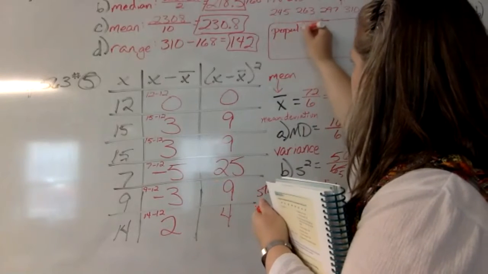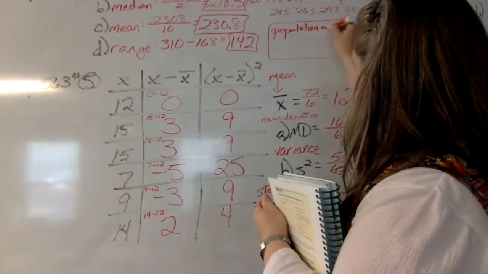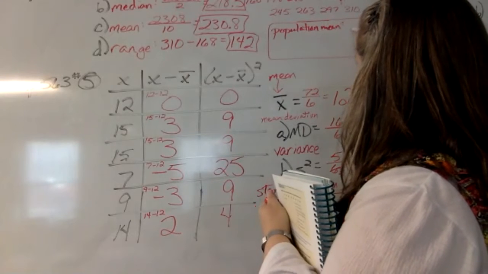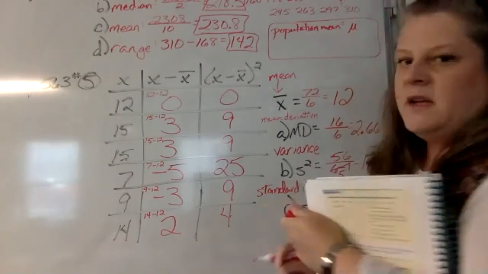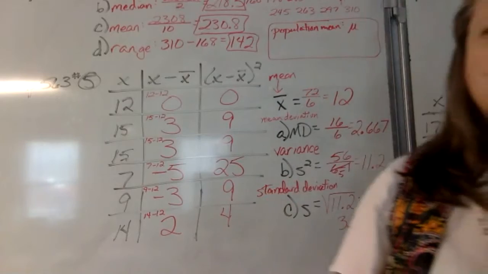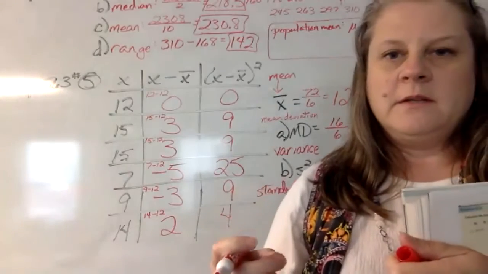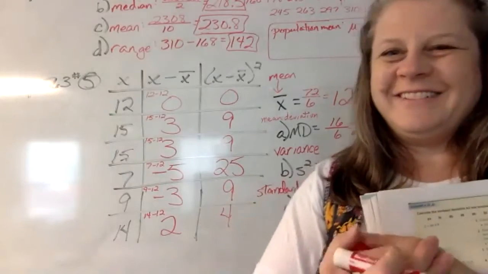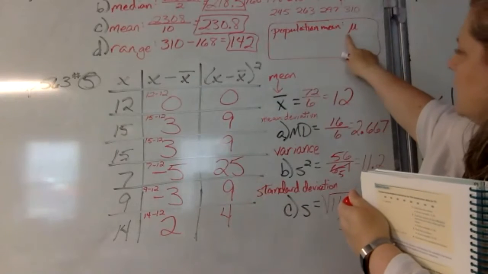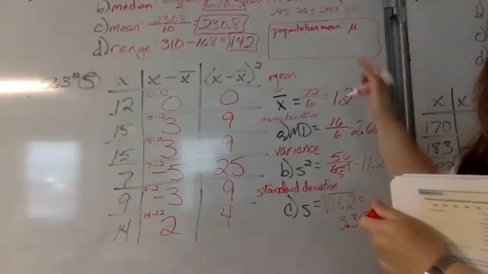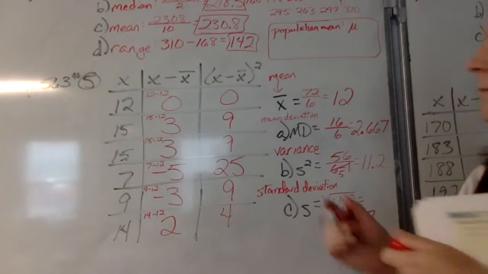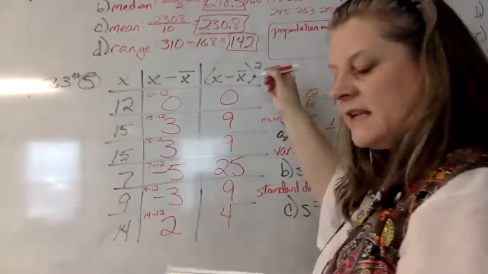Population mean is the lowercase Greek letter mu. It kind of looks like a weird lowercase u, but it's mu. It's got the little extra line down on the front of it. That's your population mean.